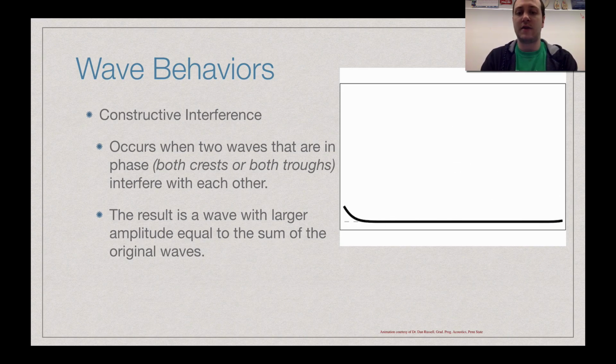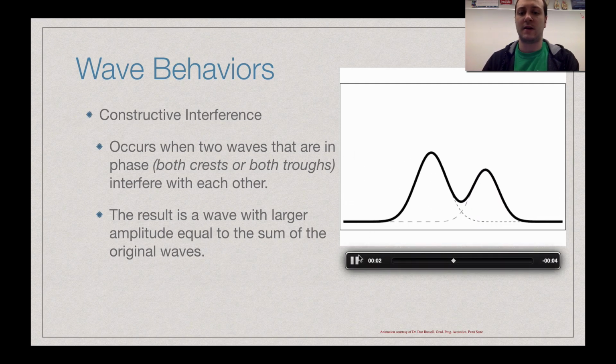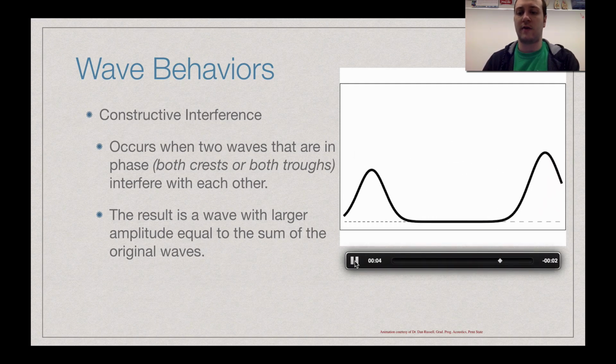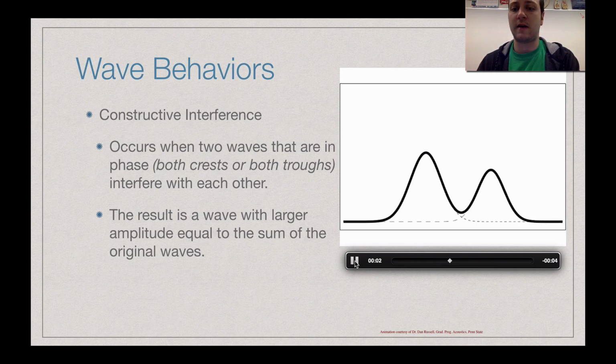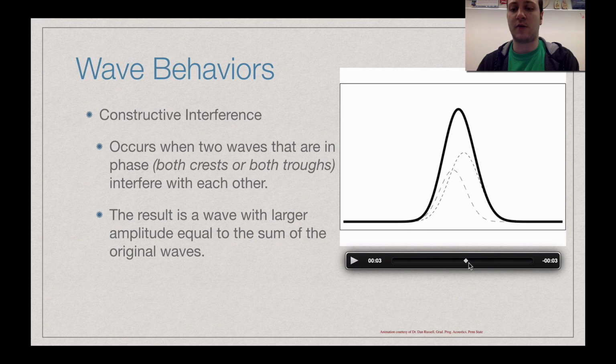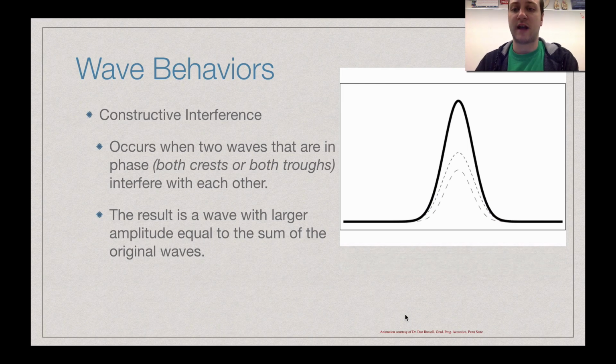Let's say the initial wave from the left, we'll let it run back to the beginning here, has an amplitude of 3 meters, and the wave on the right has an amplitude of 5 meters. When they are in the same location, which would be right there, we would add those amplitudes together to get a total amplitude of 5 meters.